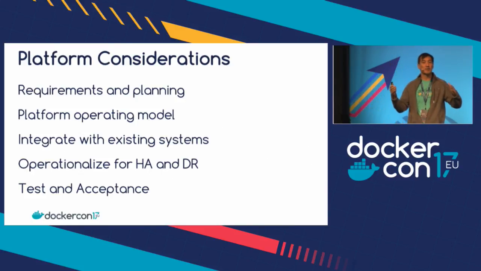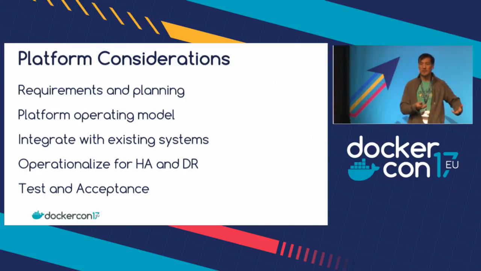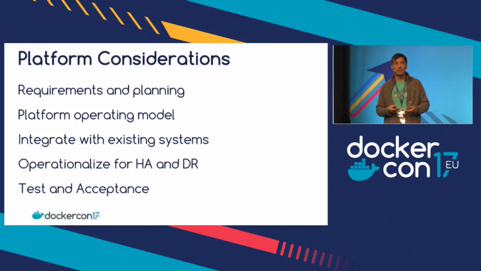Or do I do a stretched cluster between the two data centers? That's another possibility, depending on the latency between data centers. These are all things to take into consideration before you actually go into production. What is your service level agreement going to be on the actual platform when you start onboarding your internal customers?